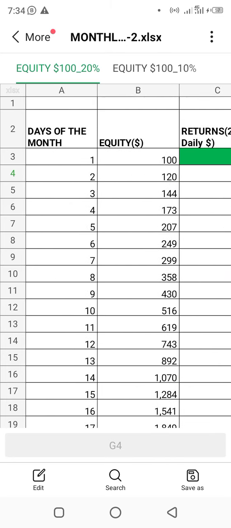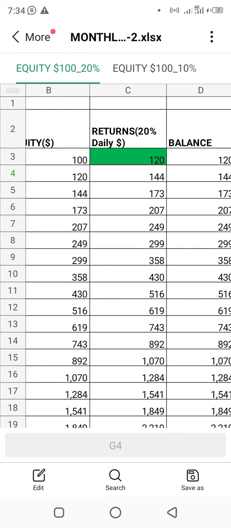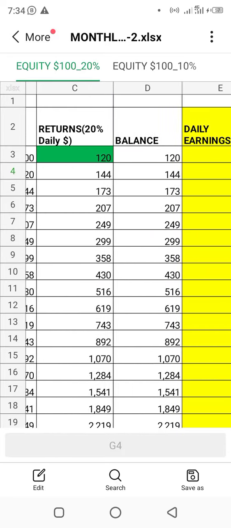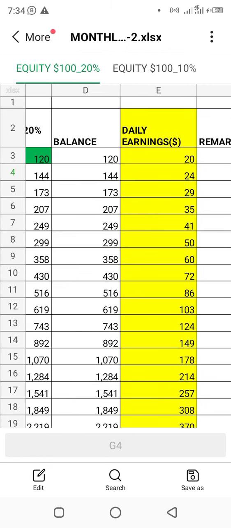Then your day two, with the 120, you trade again. 20% of 120 is $24, so your equity increases to 144 at the end of the day. That is, you made $20 day one, and you are making $24 day two.